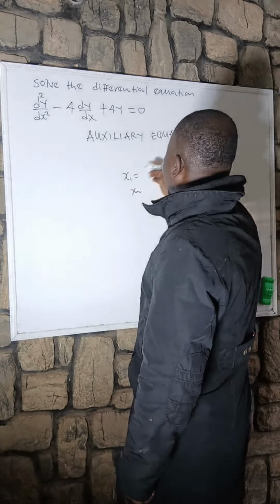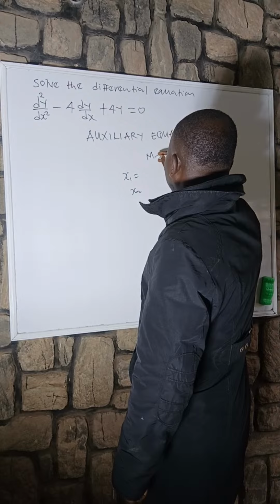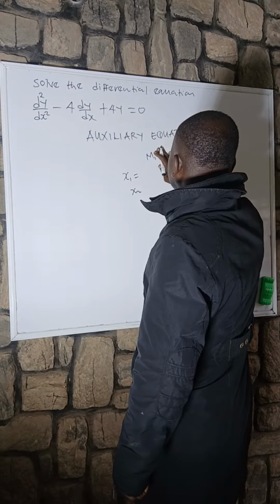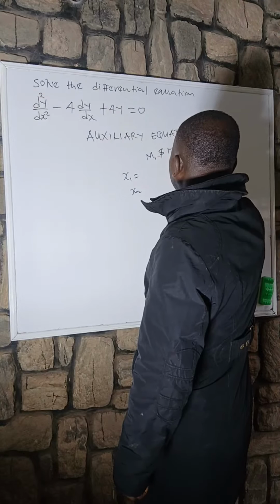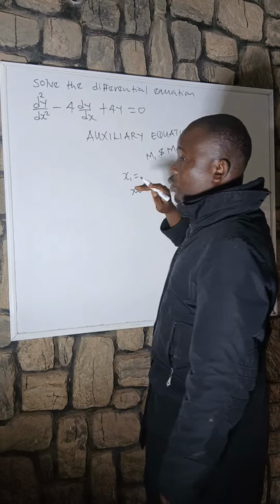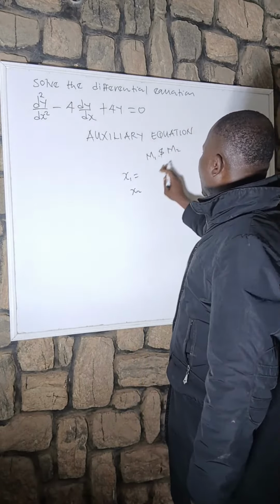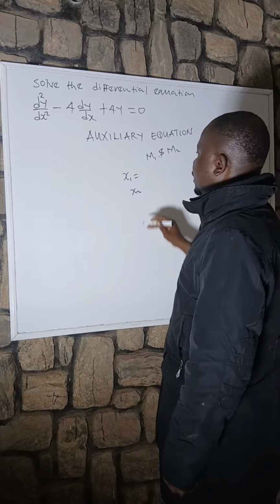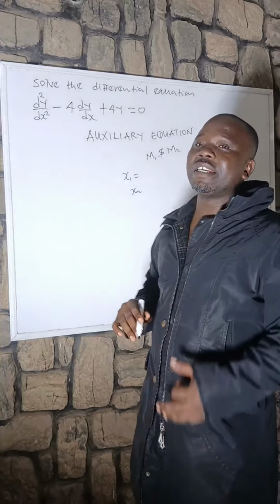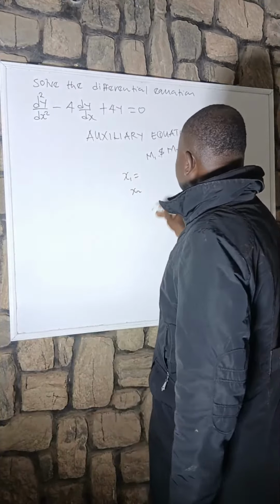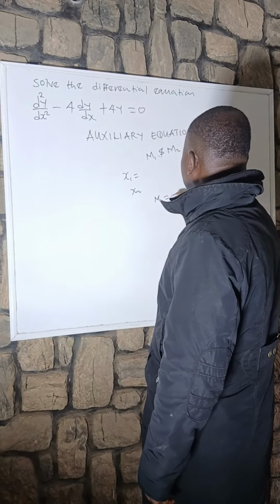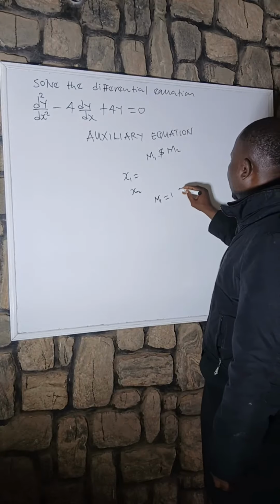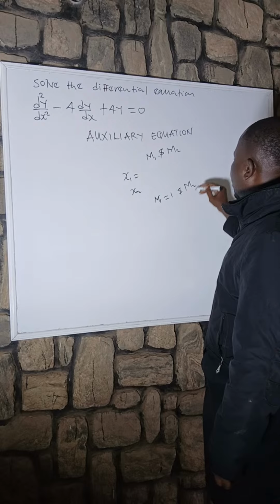But here we are going to use M1 and M2 instead of X1 and X2. So take note. If the roots are distinct real roots, that is M1, let me say, equals 1 and M2 equals 2.